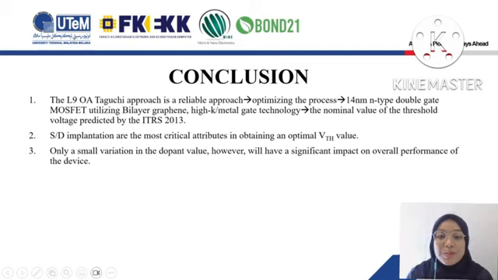According to this experiment, source drain implantation is the most critical attribute in obtaining an optimal threshold voltage value. Only a small variation in the dopant value will have a significant impact on overall performance of the device.